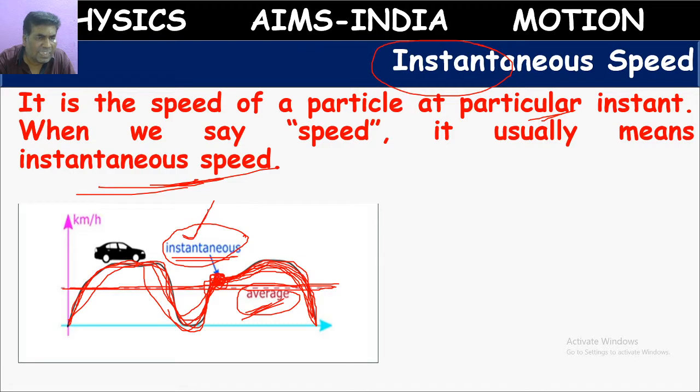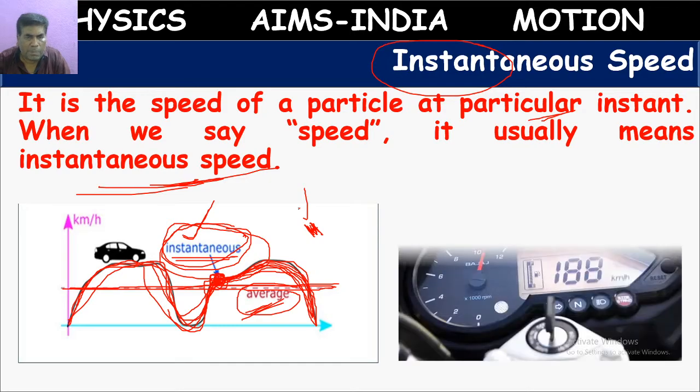But instantaneous speed means speed at that particular instant, speed between very small intervals. At that instant we call it instantaneous speed.